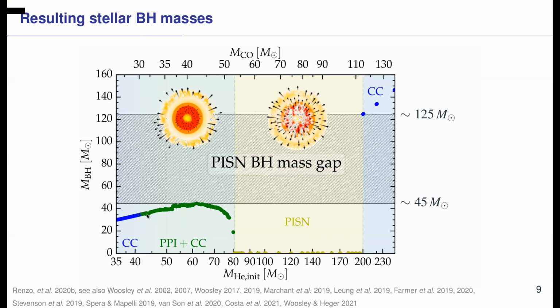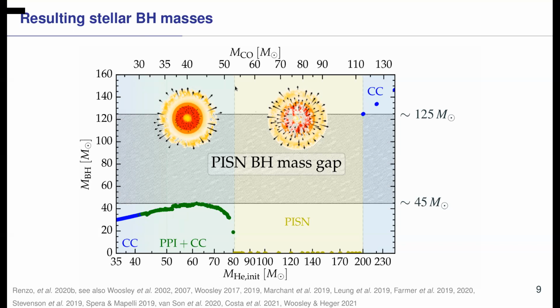In green, instead, you have stars that hit the pair instability, and as you grow in mass, this pulsational pair instability removes more and more mass, causing a turnover here in the mass function. And so how much mass is lost in these pulses sets the maximum mass below the gap, which is at about 45 solar masses.